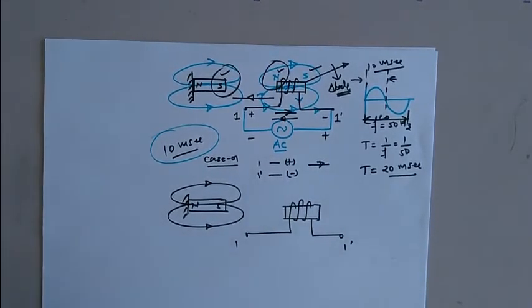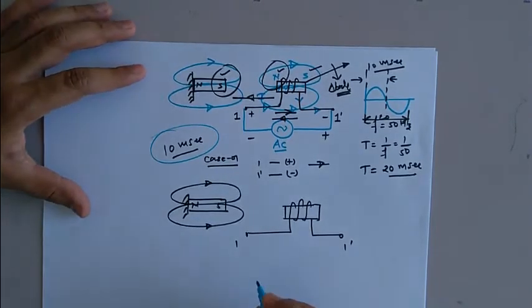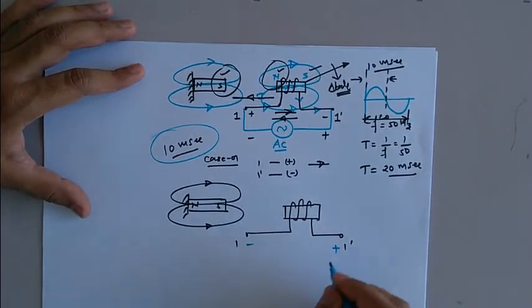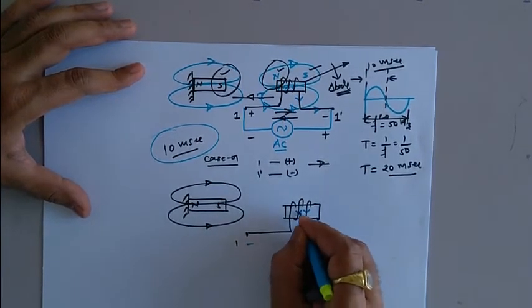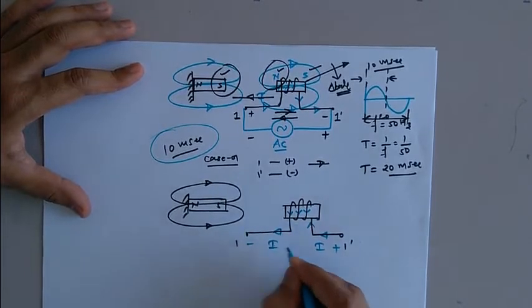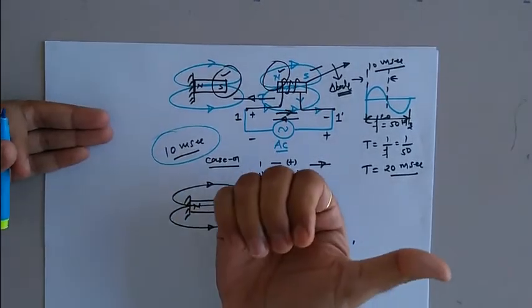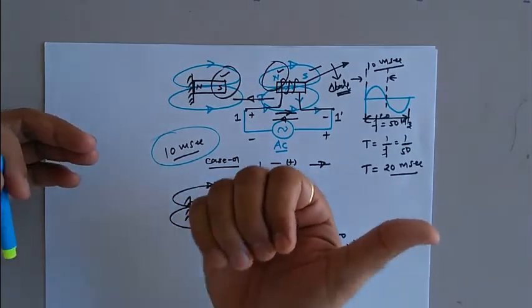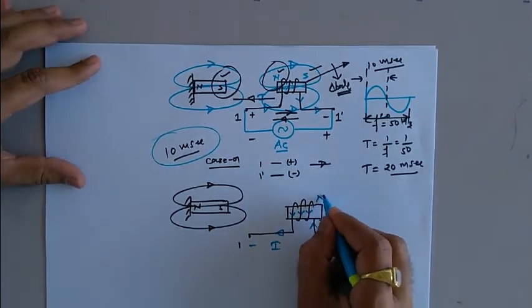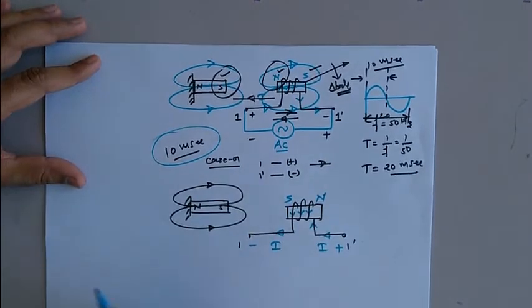Now in next 10 millisecond, what will happen? This terminal is going to be positive and this terminal is going to be negative. Now in this case, the direction of current is like this. Now if you apply thumb rule over here, thumb indicates the direction of magnetic field produced by this electromagnet. In this case, this point will act as a north pole and this point will act as a south pole.